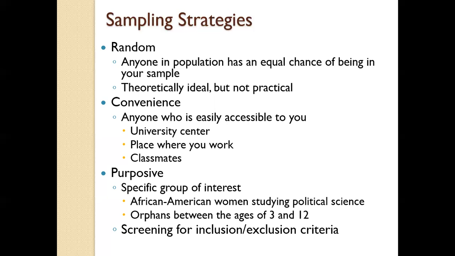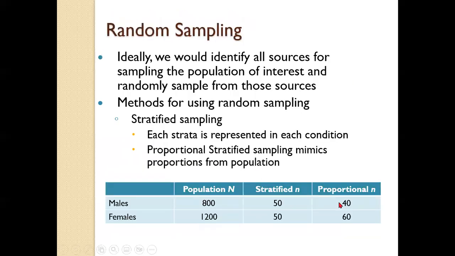Or if what I was interested in was the hospitals themselves, not specifically the patients, again, I would have to identify all hospitals in the United States and then randomly select those hospitals. This of course assumes that I am able to identify all of those hospitals and that I have the opportunity to sample from each of them.